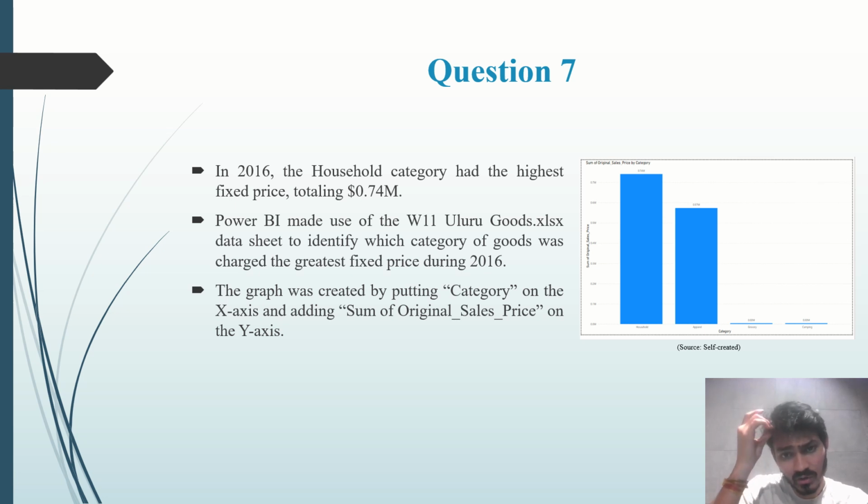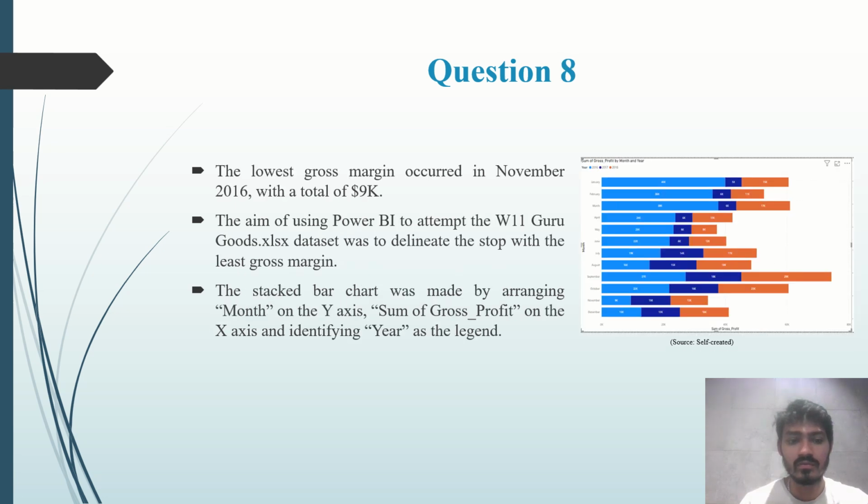And this data sheet identifies which category was charged the fixed price during 2016. Moving toward this graph, this is a stacked bar chart which arranges month on the y-axis, while the sum of gross profit is on the x-axis, and the year is identified as a legend.